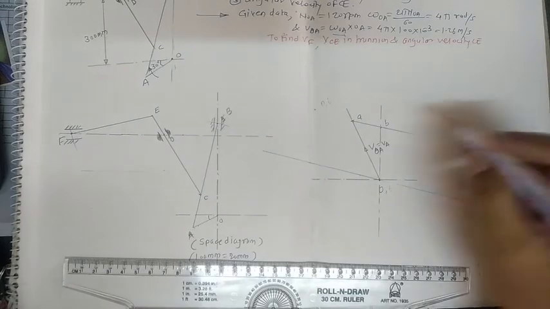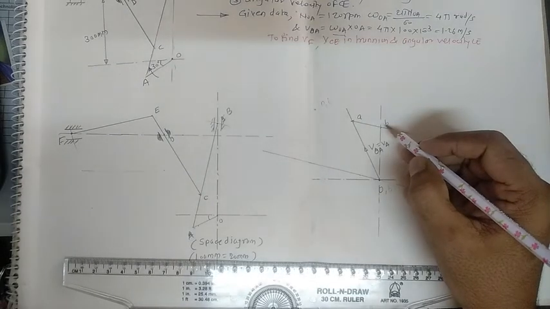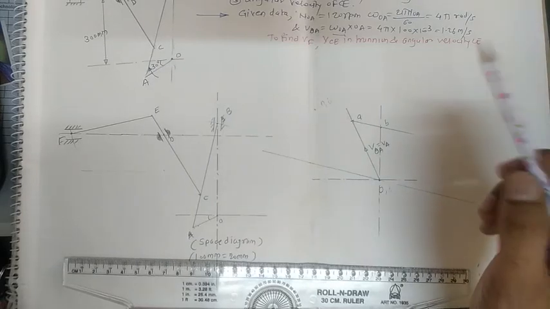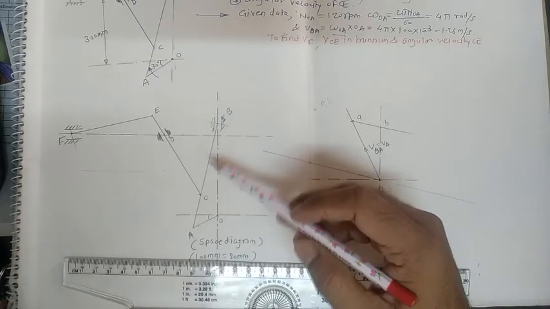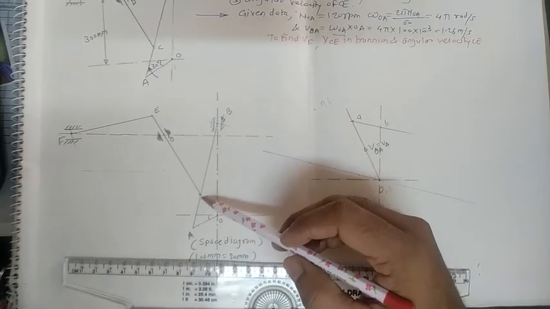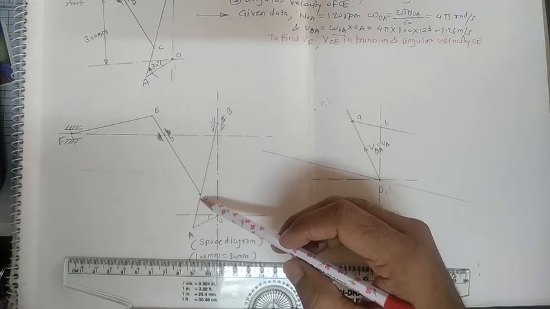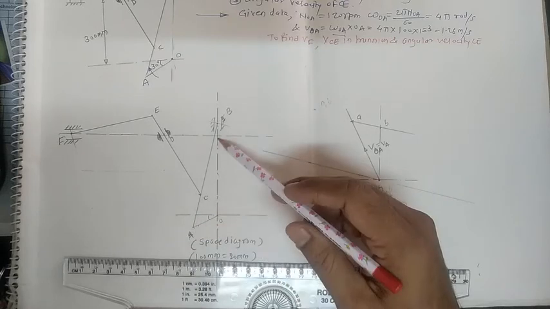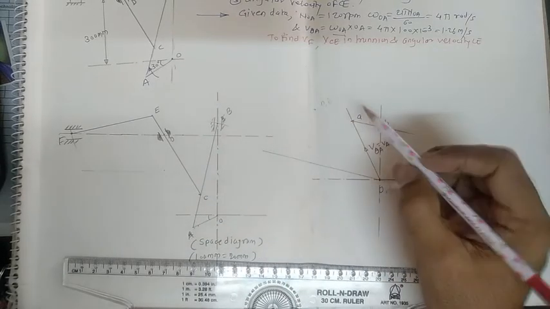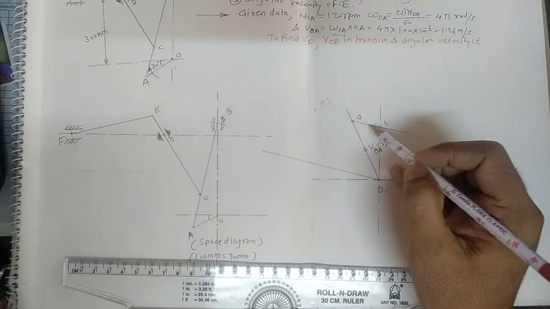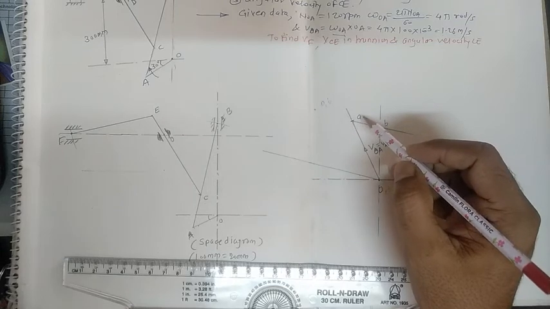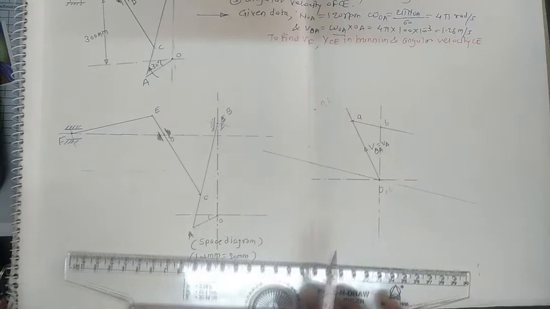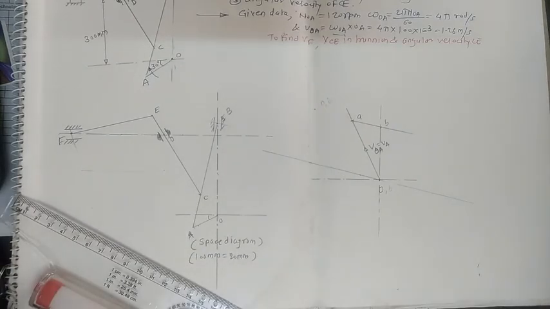Once we get the point b, with point a already with us, we have the link ab. Somewhere on that link ab, point c will lie. The point c divides the entire link in the same ratio as that of the vector AB. So we can write it this way.